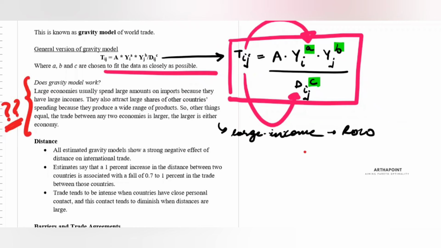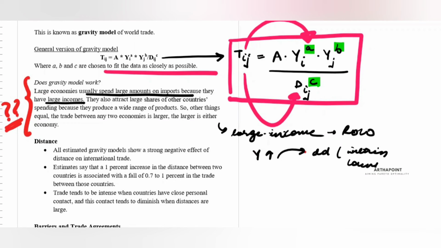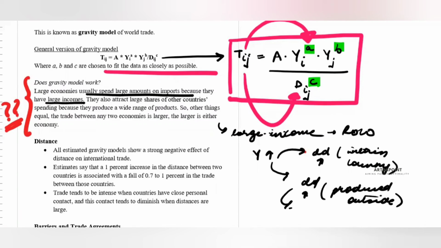If you have a large economy, you spend a large amount of income on imports. Whenever the income of a country increases, not only does the demand for products within the country increase, but also the demand for products produced outside the country, which means you increase imports.